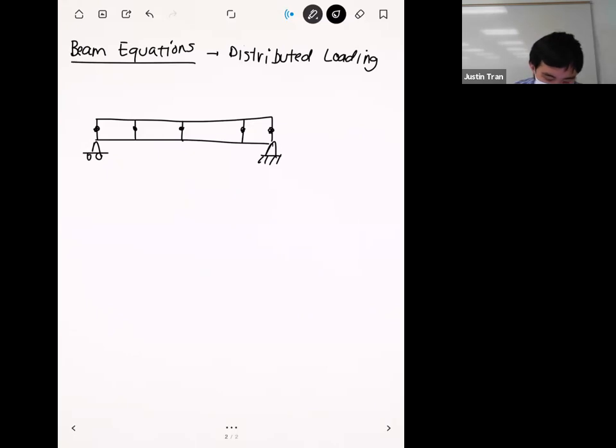Up to this point, we've only dealt with cases where our loading is applied directly onto the nodes. Let's say we have two loads on this structure, a load on that node and a load on this one, and we'll say they both have a magnitude of P. When the loads are applied directly to the nodes like this, they're very easy for us to insert into our direct stiffness system.